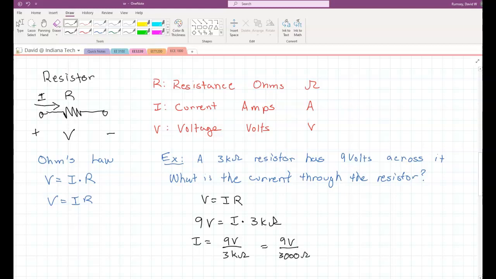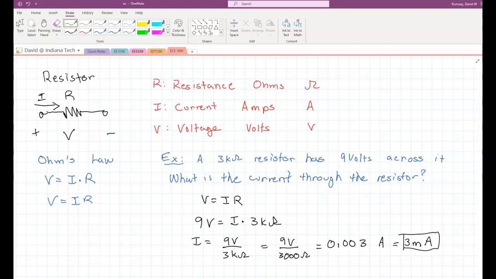And if you do that, you wind up with 0.003 amps, which we really want to write in engineering notation, which is 3 milliamps.